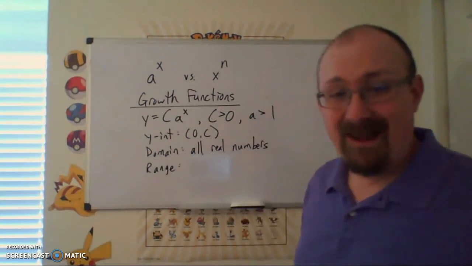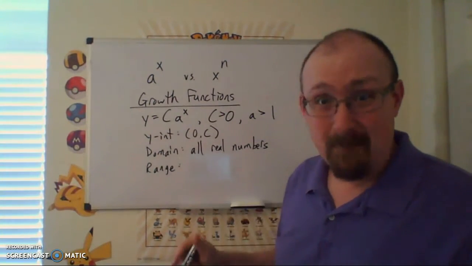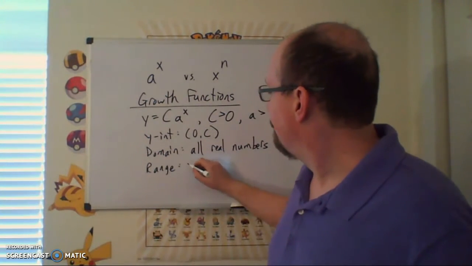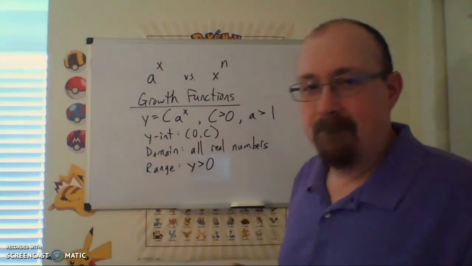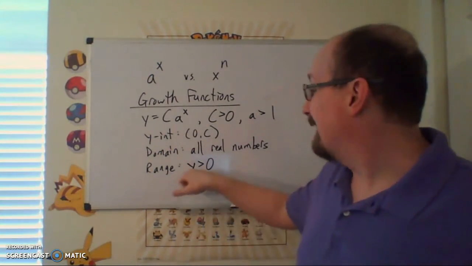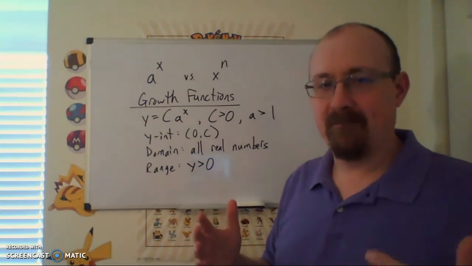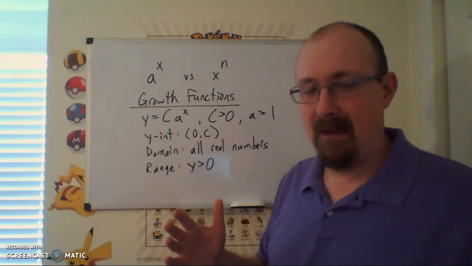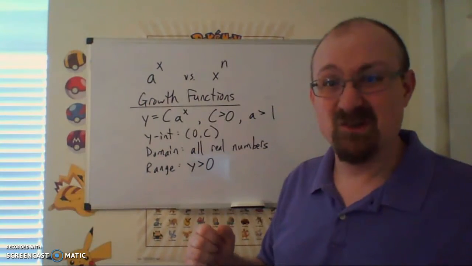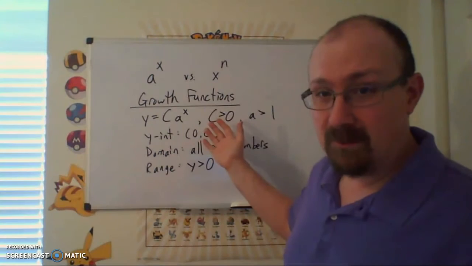So the range is the set of possible y values that this thing is going to end up hitting at some point, depending on the various values of x you try to feed in. As it turns out, the outputs are always going to be positive. y is going to have to be greater than 0 in all instances. I'm going to post a separate video where we take a look at some of the graphical behavior, so look for that, to give you some guidance as to what these things look like graphically. So that's an exponential growth function.